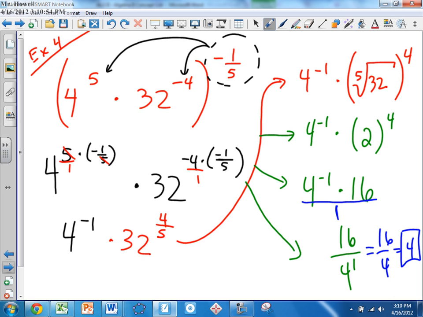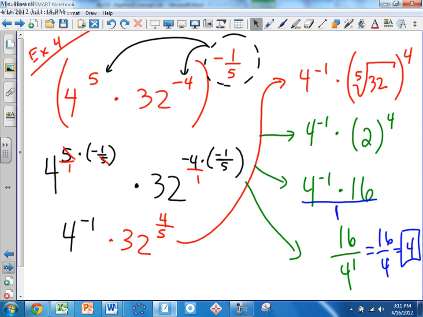Okay? Now if you go ahead and type in this original problem in your calculator, you will get 4 as your answer. Okay, that is a good way to check it. You're going to get 4 here because it did reduce. 2 more to go, and I'll let you guys get started in homework.